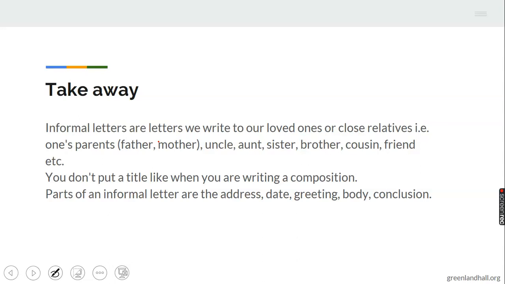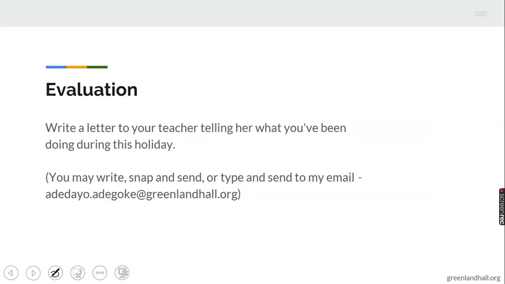Your sister's friend, your brother's friend. There are people you can write informal letters to. And we have also been told that you don't put a title, like when you are writing a composition. Part of an informal letter are the address, the date, the greeting, that is the salutation, like dear mom. You have the body, you have the conclusion, then you have your name at the end.